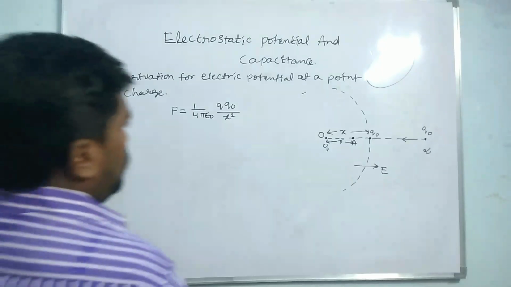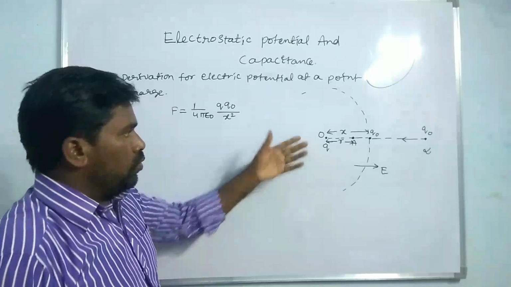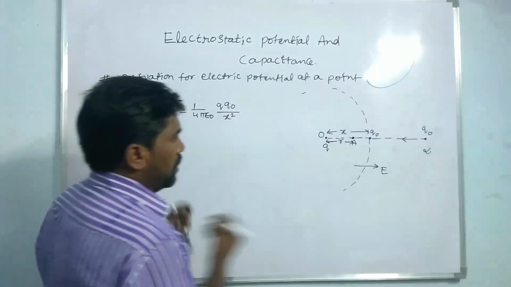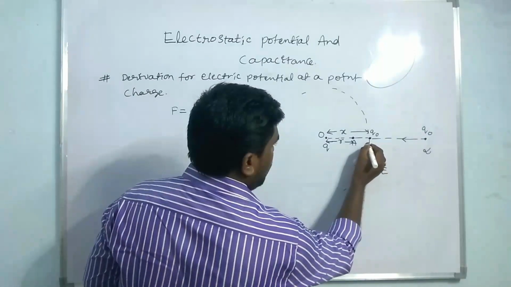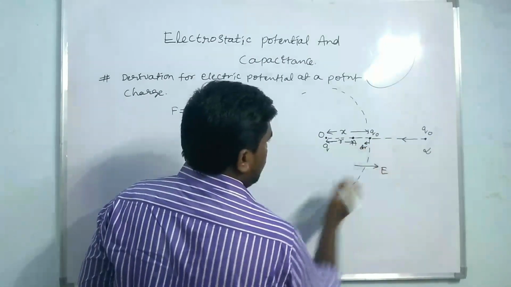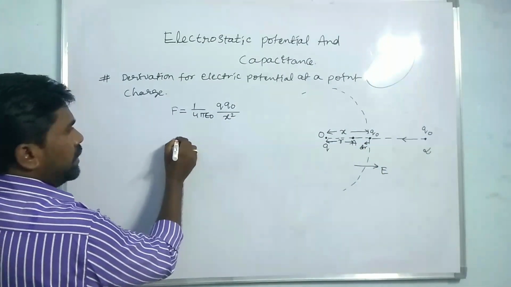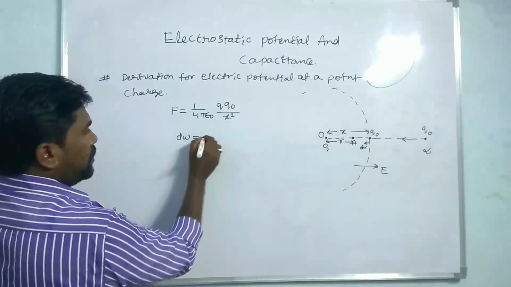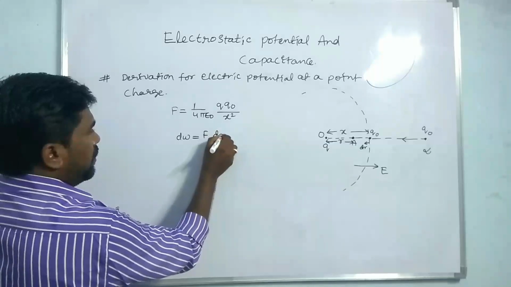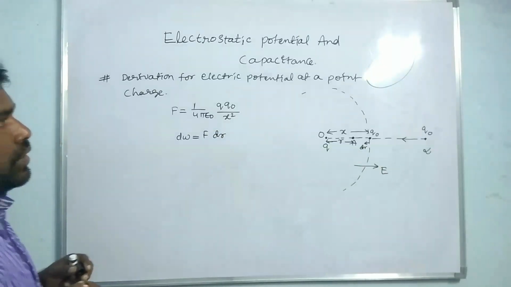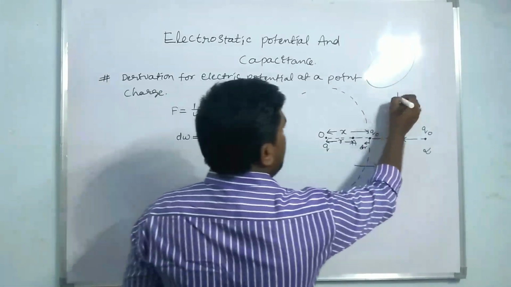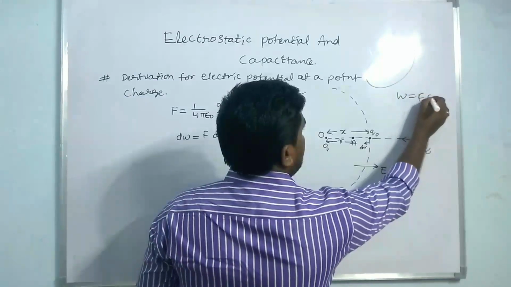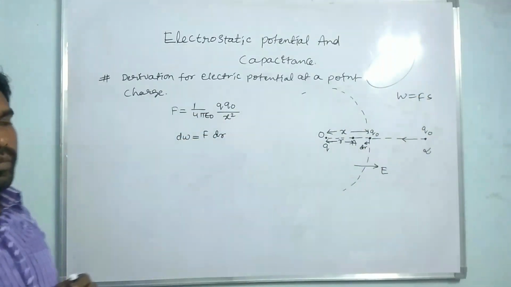Now we need to move a distance of dr. Then the work done is dW equal to F into dr, since W equals force into displacement.